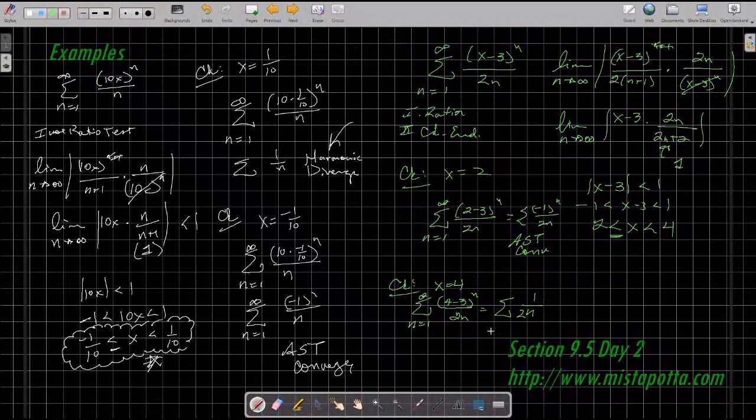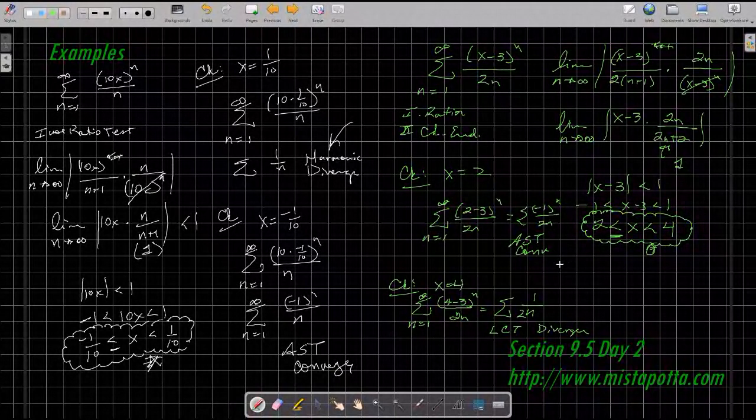And if I use the limit comparison test, I know that this compares favorably to the harmonic series, but the harmonic series diverges, and so I'm not allowed to take that endpoint. So my interval of convergence includes one endpoint, but not the other.